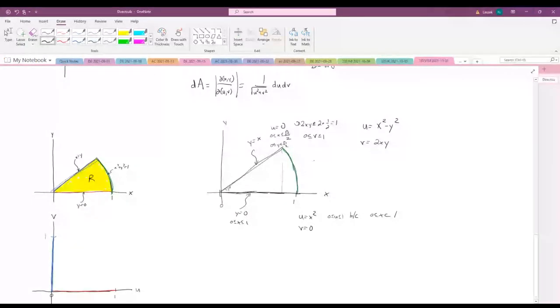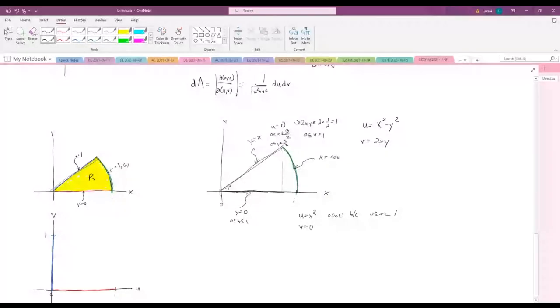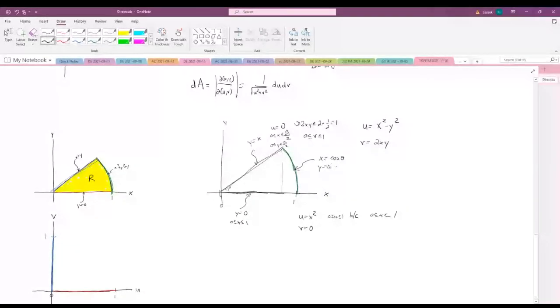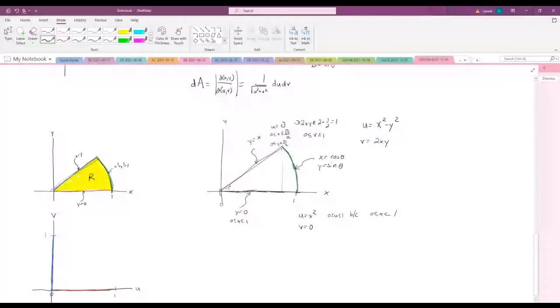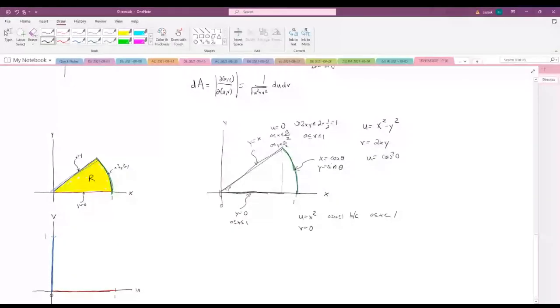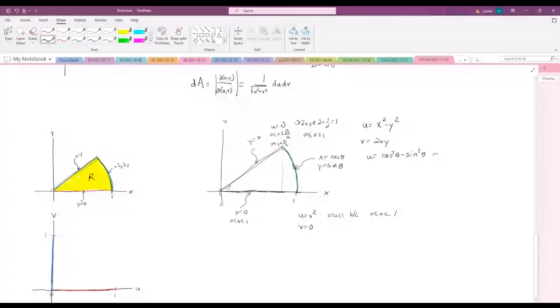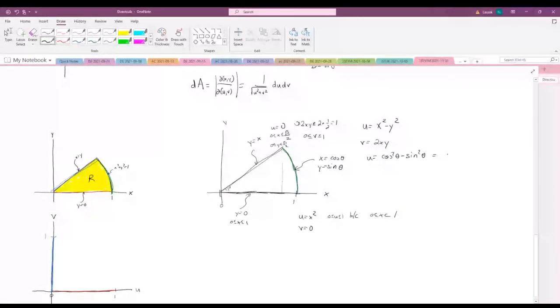You can say that x equals cosine theta, y equals sine theta. And then we look at what u would be. So u would be cosine squared minus sine squared, and that we know reduces by a trig identity to cosine of double the angle.